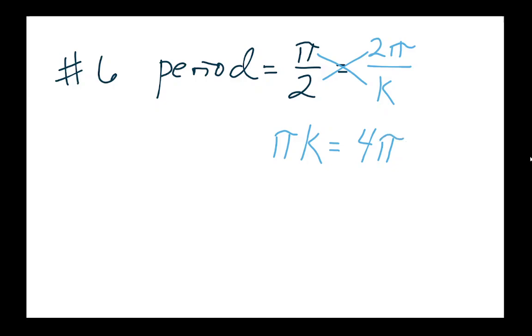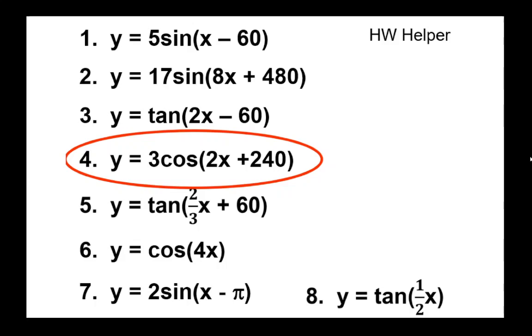So we can solve that for k equaling 4. The only thing that's different is that we have to think of the original period in radians. If you have any other questions on that homework, you could reach out to me. We could still go over it the next time we're together.